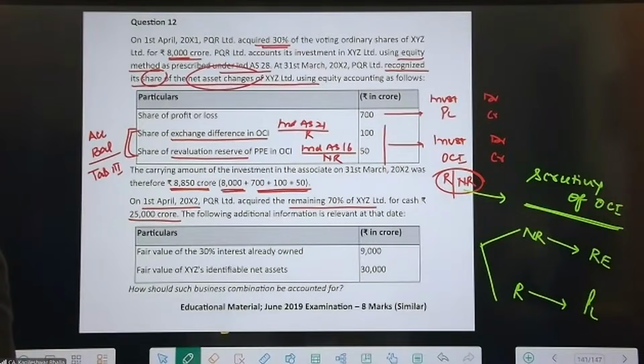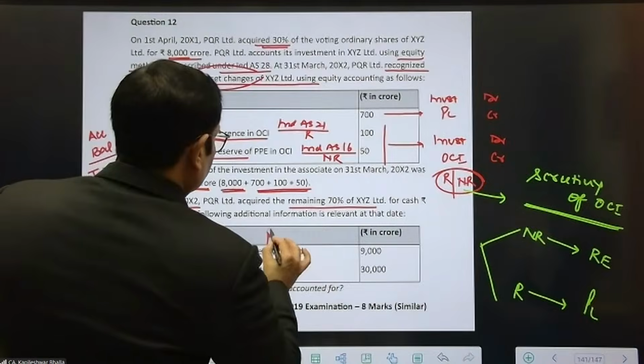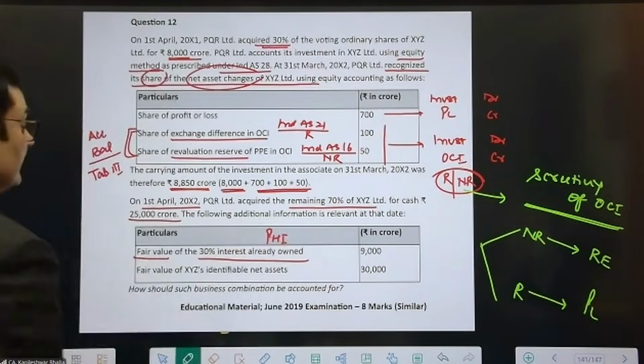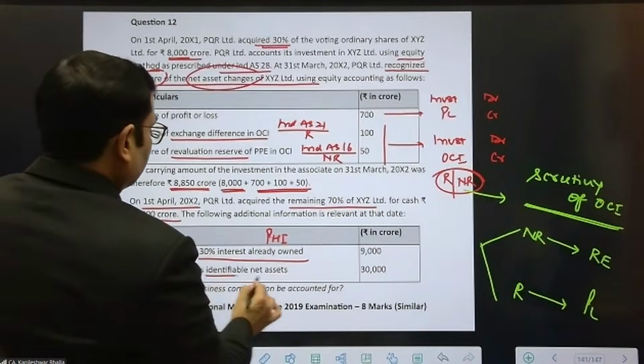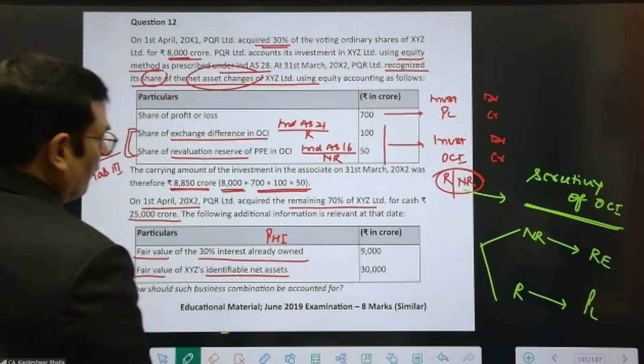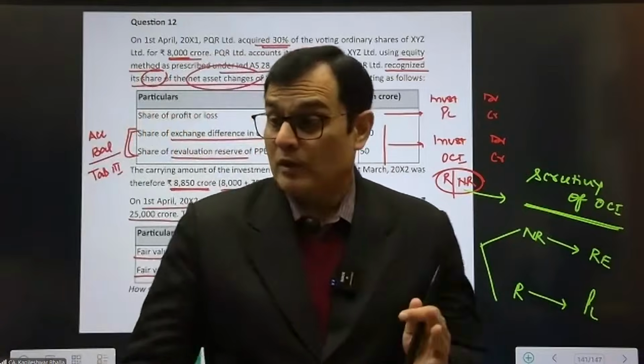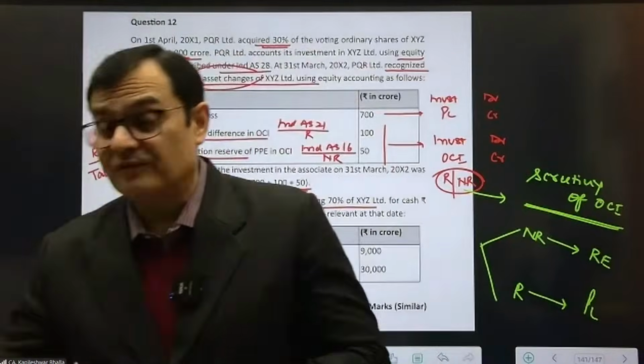The following additional information is given: the fair value of the 30% previously held interest, and the fair value of the net assets. How should the business combination be accounted for? Okay, I think we read the question now. Now I'll tell you how you should proceed in terms of this particular question.